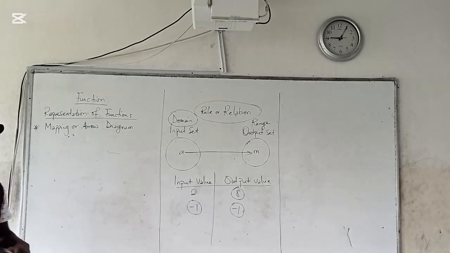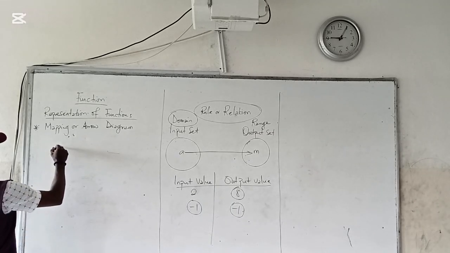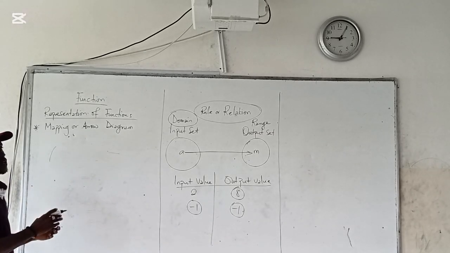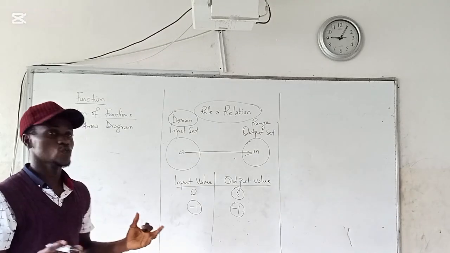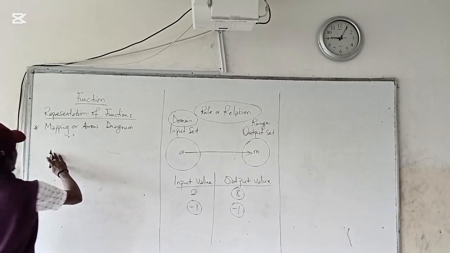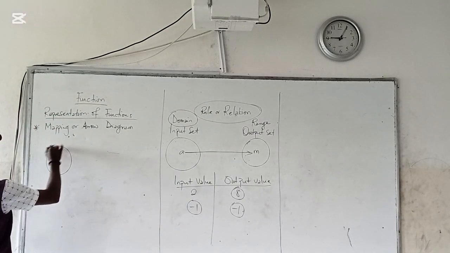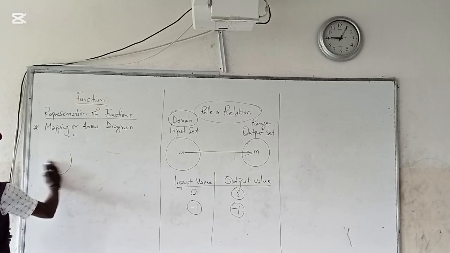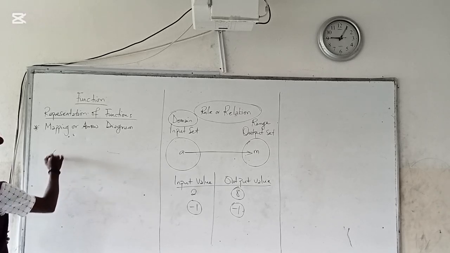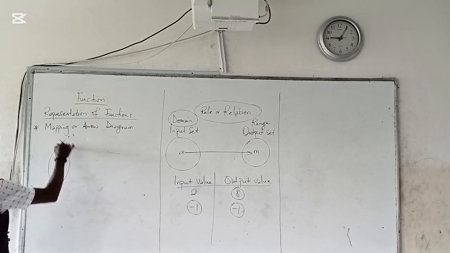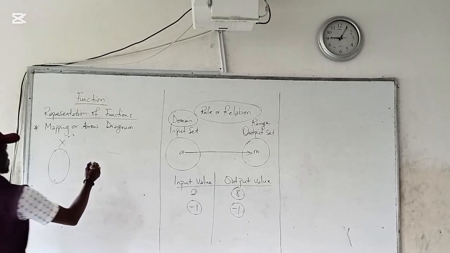How does that look like? So you have a function. Let's say I have two sets, my input set and my output set. So this is my input set X, which is my domain.